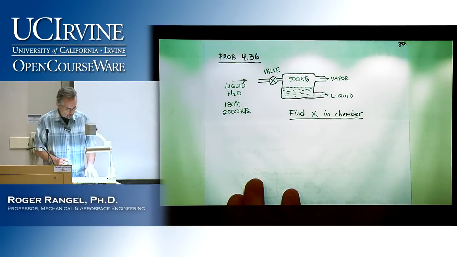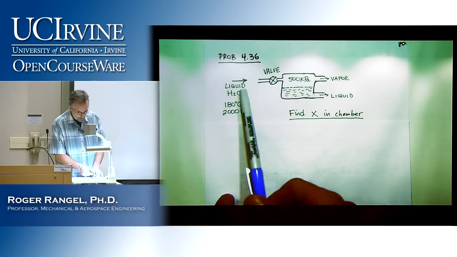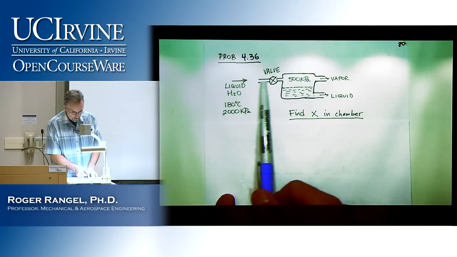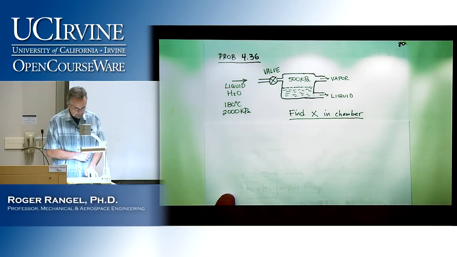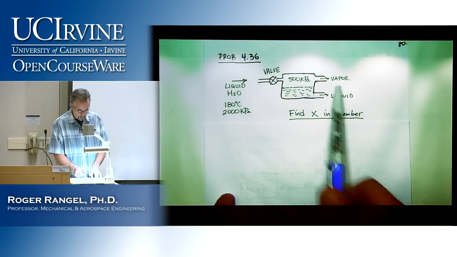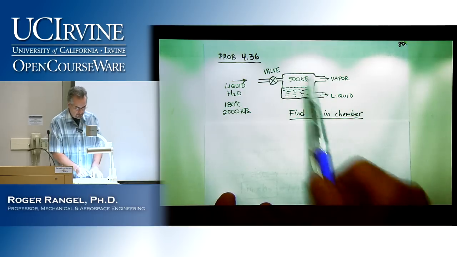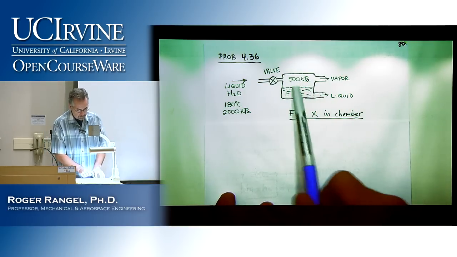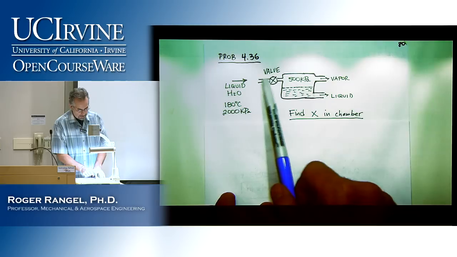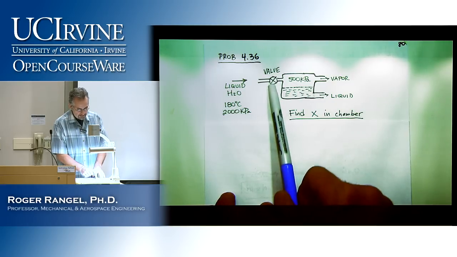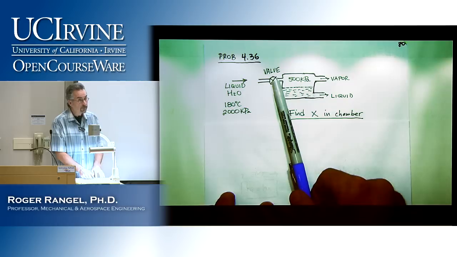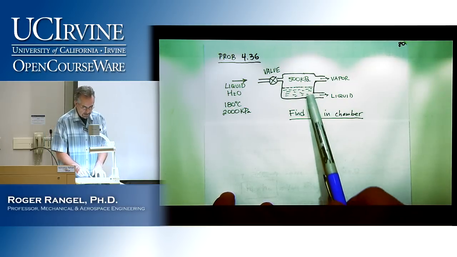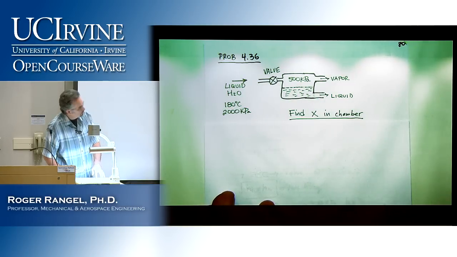So what we have is the following. We have liquid water coming in through this line and going into this so-called flash chamber. A flash chamber operates by throttling the liquid through this valve so that the significant drop in pressure makes some of the liquid turn into vapor.